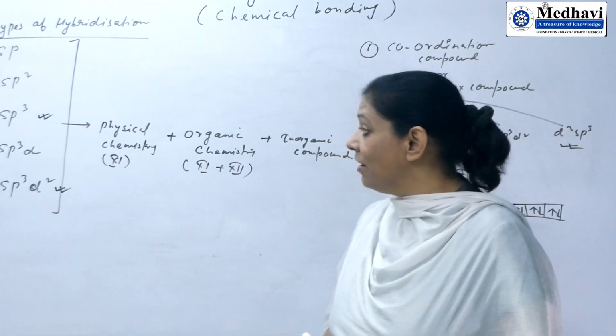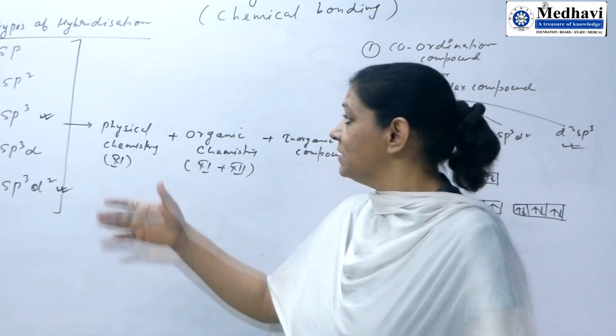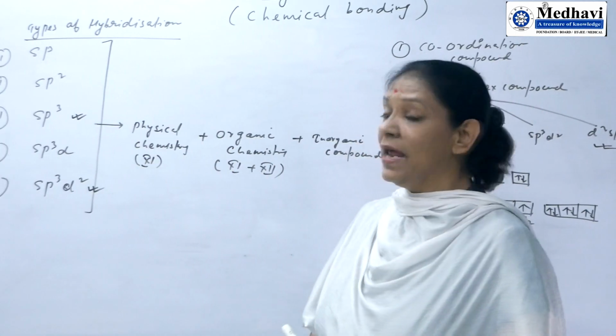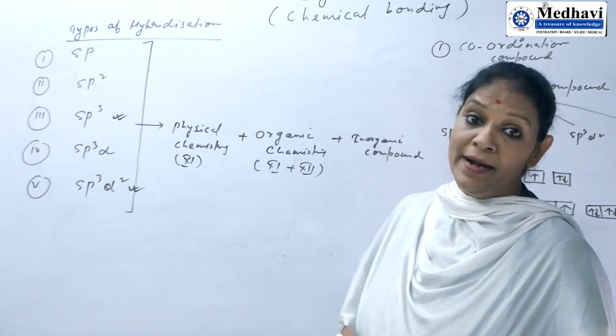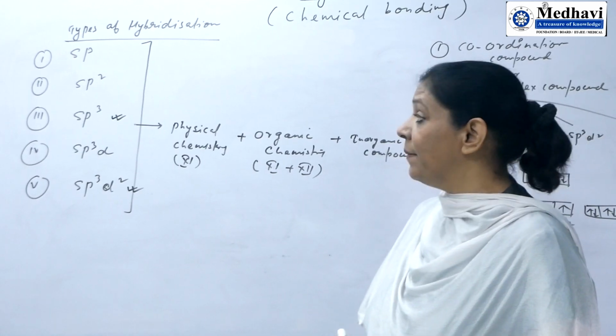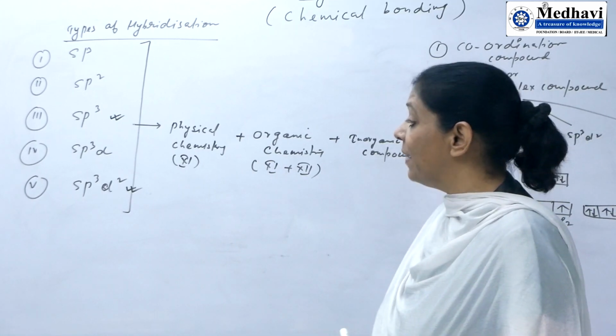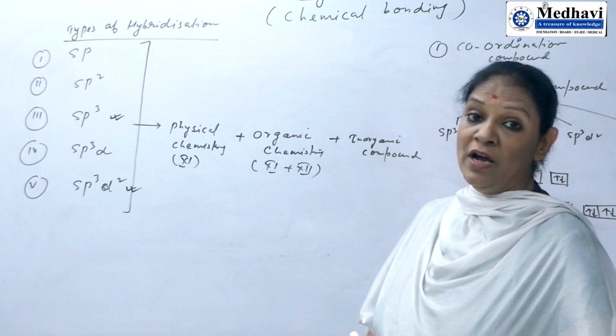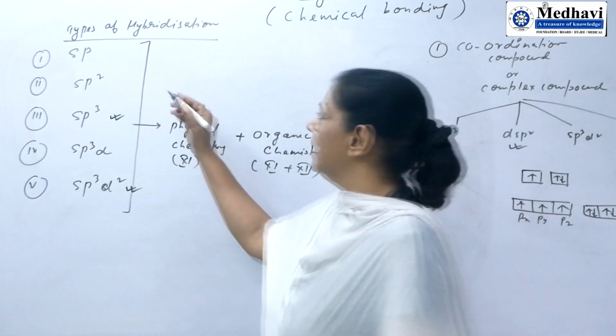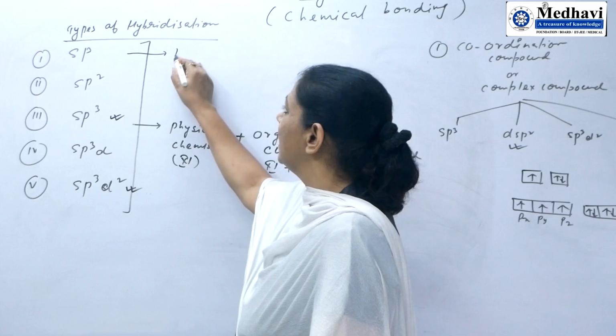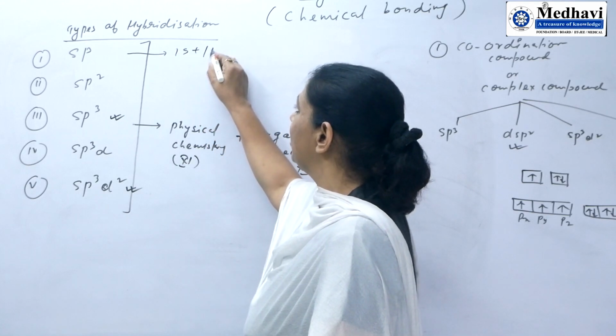But now I will focus on these 5 types of hybridization. What is sp hybridization? What is sp2 hybridization? What is sp3 hybridization? What is sp3d hybridization? What is sp3d2 hybridization? Here, one s and one p orbital are used.